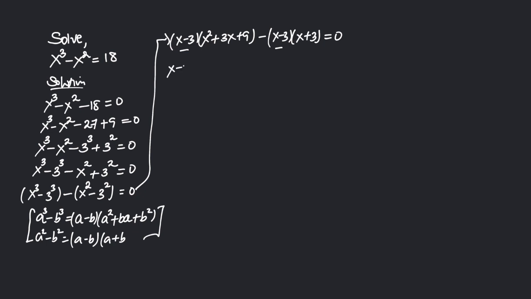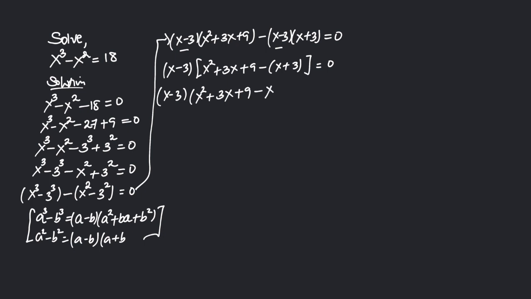We'll have x minus 3 in square brackets there, x squared plus 3x plus 9 minus x plus 3, and that is still equal to 0. So we can write this further as x minus 3 into x squared plus 3x plus 9 minus x minus 3 being equal to 0.